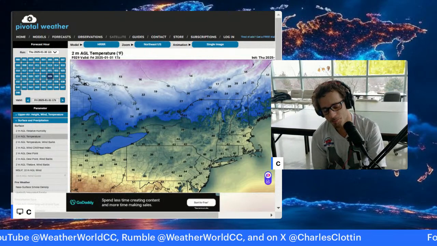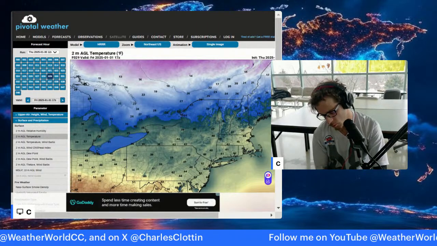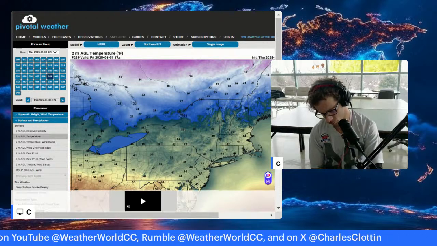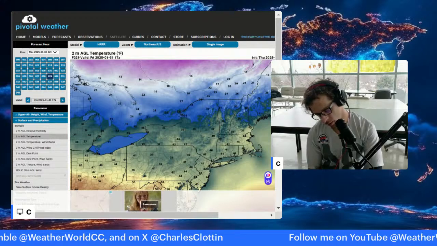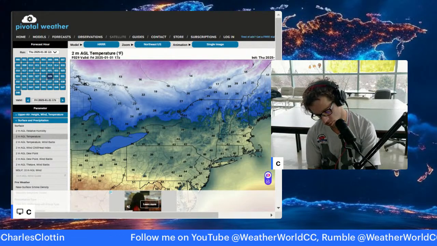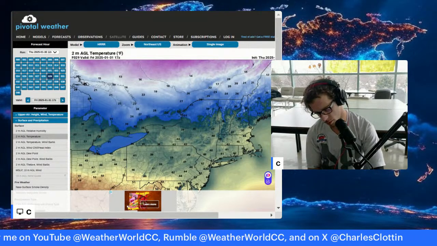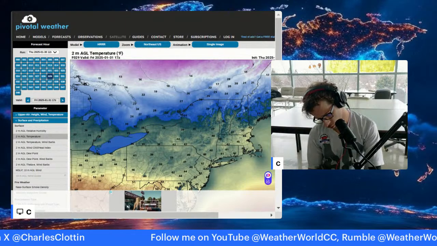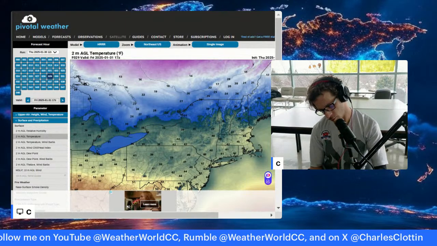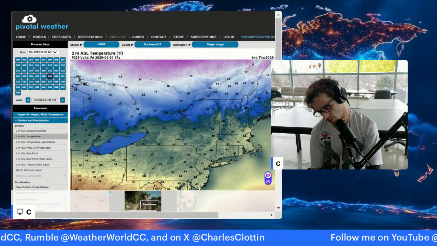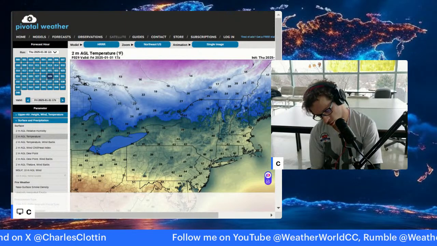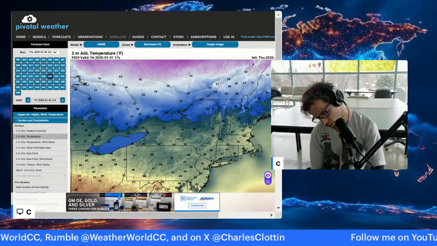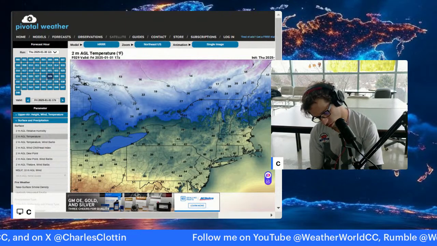Precipitation, since we looked at precipitation, will be primarily in the southern tier in the early morning hours, with more widespread showers to the north in the other part of the morning.